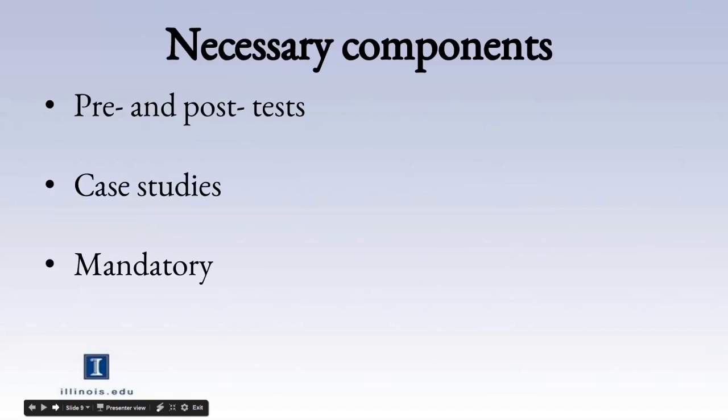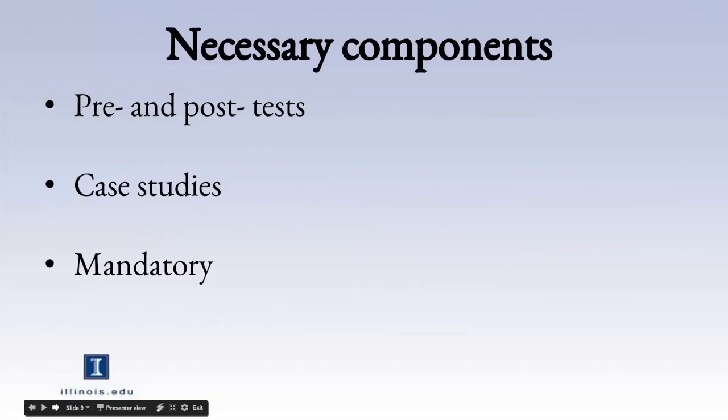Also from the literature, there are some mandatory components of e-learning for genetic education that have been highlighted. For example, pre and post tests before and after the module are vital for being able to test, is there an actual difference between what people know before and after the test? And if not, if there are still gaps in knowledge at the end of the test, how can we then fix the modules to address those? We know that case studies are important.